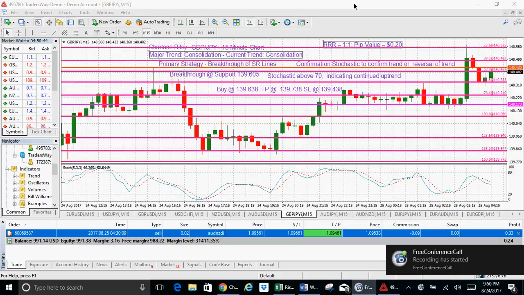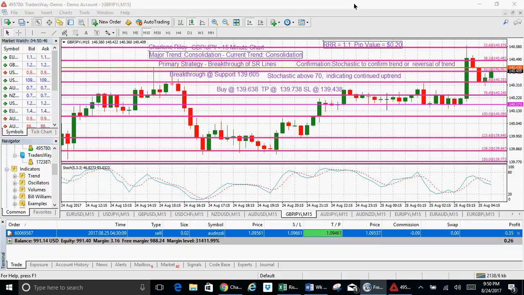So now looking at the British pound JPY, it looks like we're having a reversal to an uptrend.